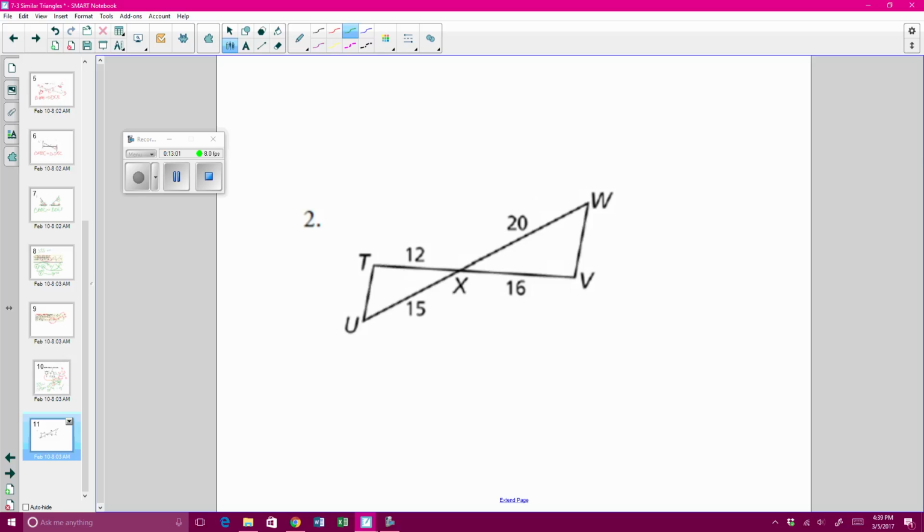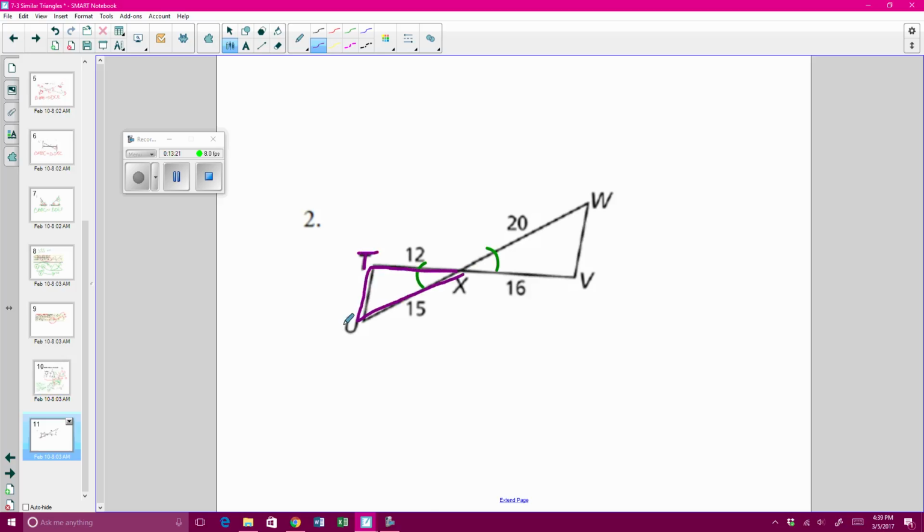And then lastly, we have vertical angles, of course, here. It looks like it could be side angle side as long as the triangles match up proportionally. This is one of those that could be a little bit confusing, so what I'm going to do real quick is just go in here and trace this.